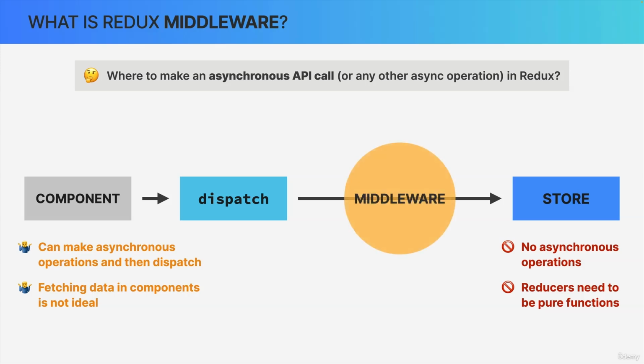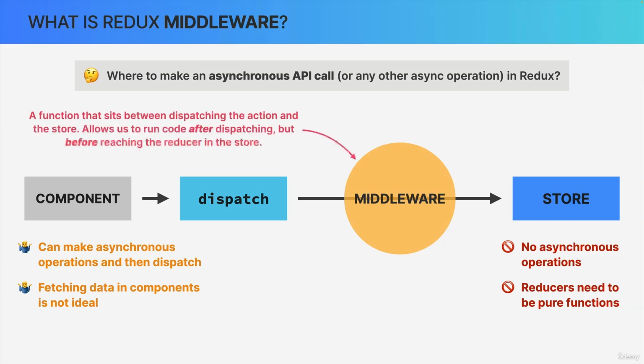So in Redux, middleware is basically a function that sits between the dispatching and the store. This means that a middleware allows developers to run some code after dispatching an action, but before that action reaches the reducer in the store. So again, usually after we dispatch, the action immediately reaches the reducer and the state is updated.